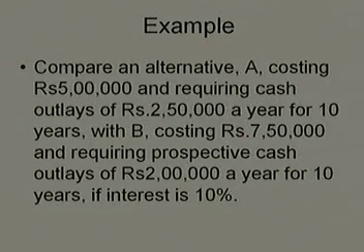The problem is, compare an alternative A costing rupees 5 lakhs, that means rupees 500,000, and requiring cash outlays of rupees 250,000 a year for 10 years, with B costing rupees 750,000 and requiring prospective cash outlays of rupees 200,000 a year for next 10 years.